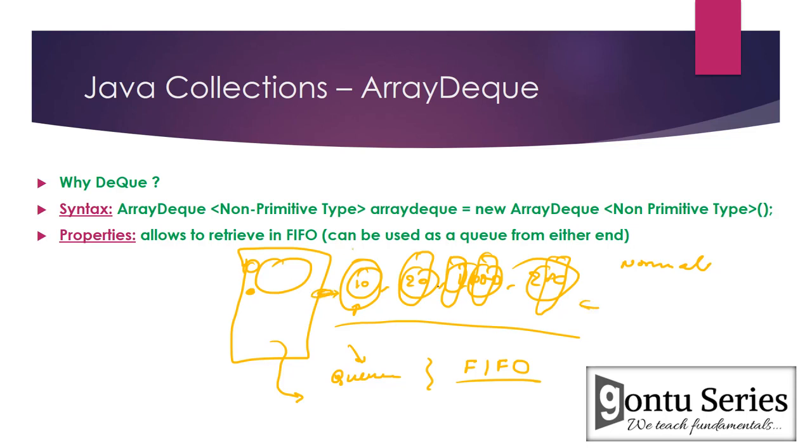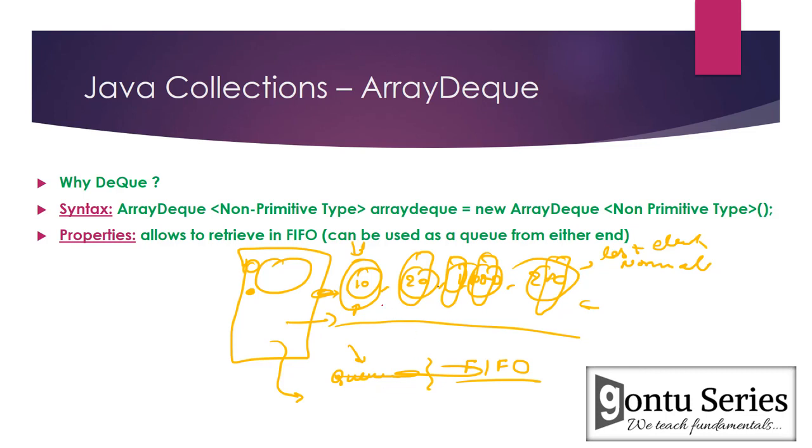So this is the first element and this is the last element, right? Now if you use it as a queue from this side, then what's going to happen? Then it's going to allow you to take out the element 10 first, and then 20, and then 1, then 1, and then 100, and then 200.